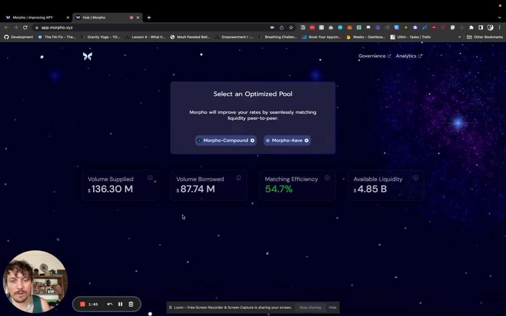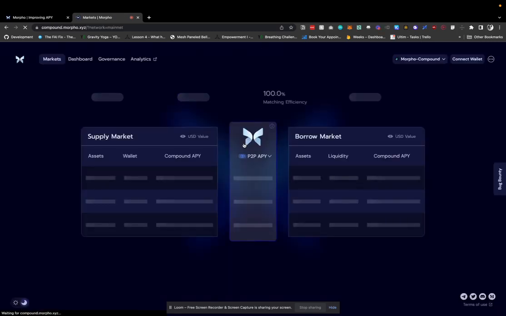I would always try to eliminate as many steps as possible. So either choosing one, either Morpho or Aave as primary, and then you have the ability to change to another one. Just because I'm a bit more efficient when it comes to that, a bit more minimalistic, and I would go for an approach like that. But let's, for this case, choose Morpho Compound.